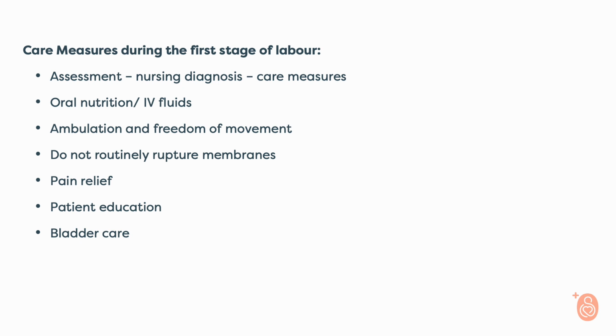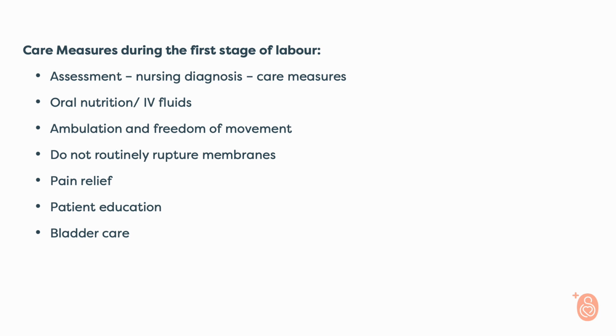Now, I've just listed all the general care measures here that we normally look at during the first stage of labor. We know that this patient might be in prolonged labor.